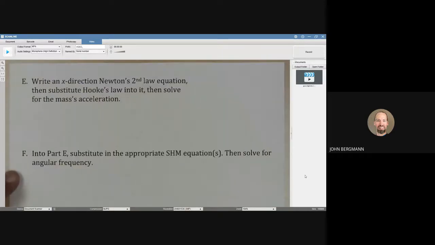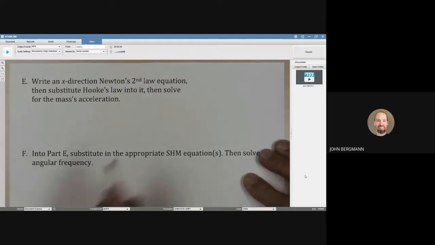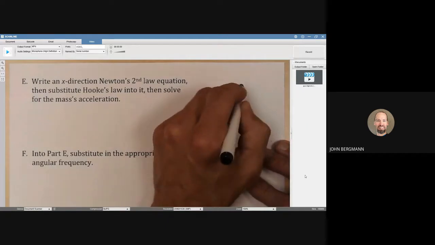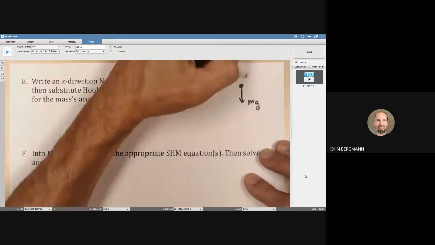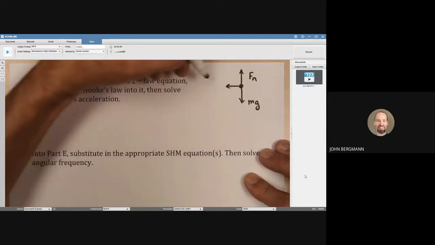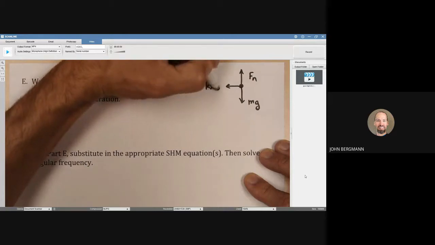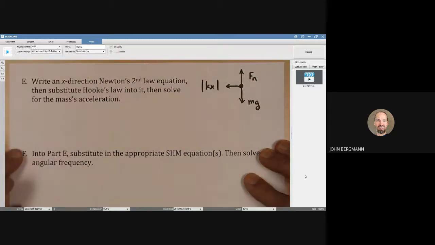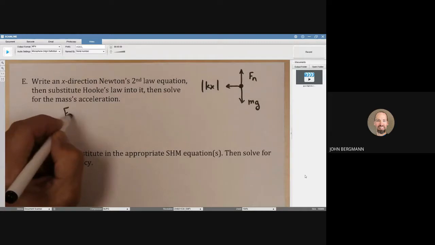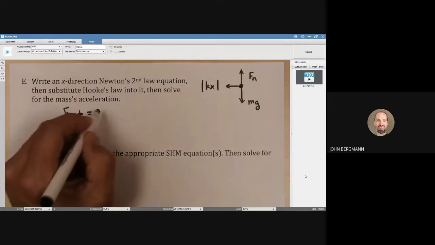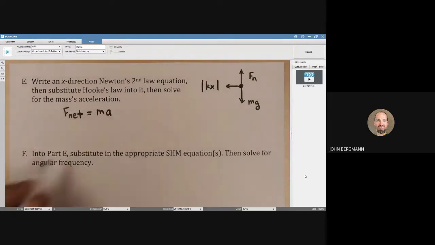Write an x direction Newton's second law equation, then substitute Hooke's law into it, then solve for the mass's acceleration. If you recall, that free body diagram looked like this, and then we had that magnitude was k times x directed that way. The net force, Newton's second law, is equal to the mass times the acceleration.